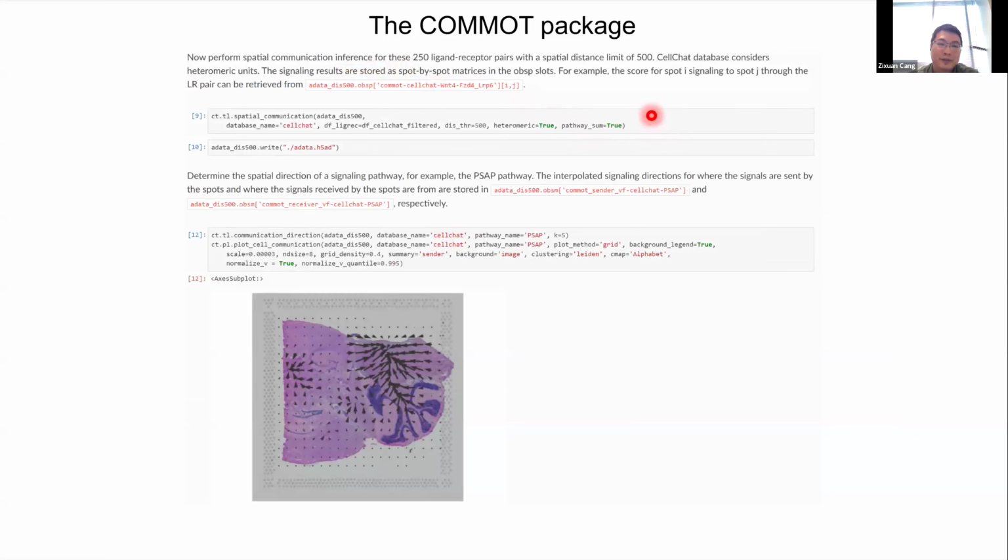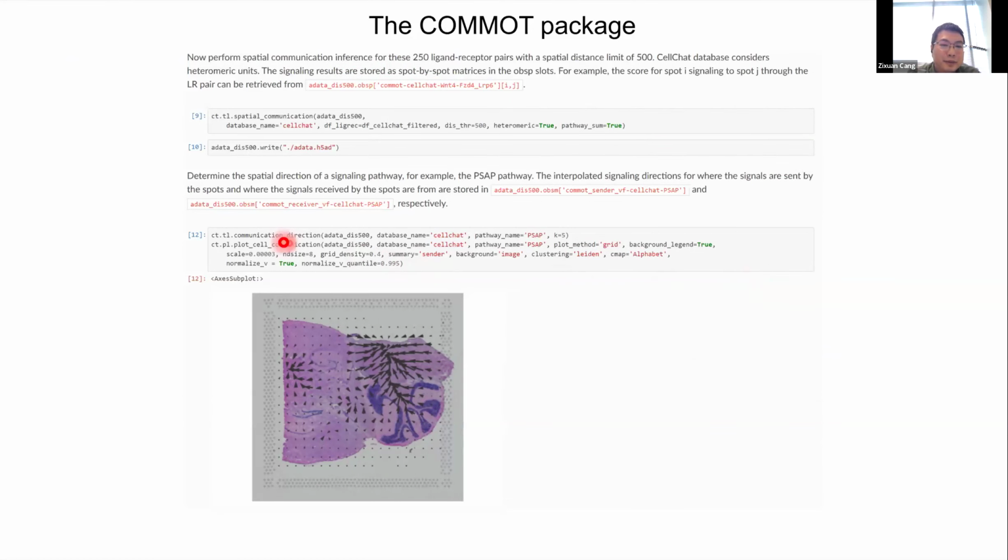In the default setting, we just use a straight line distance. But sometimes we can even define a custom distance matrix, for example, considering the tissue architectures. Some tissue regions are denser than other tissue regions, making the diffusion range shorter. For that, we can also customize the spatial distance to reflect that.